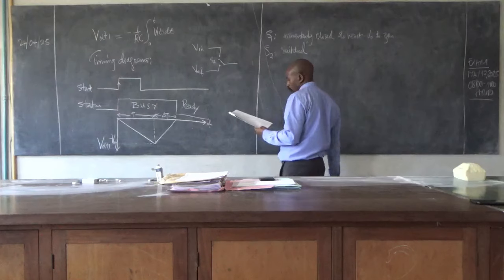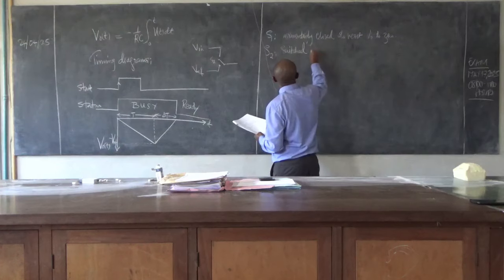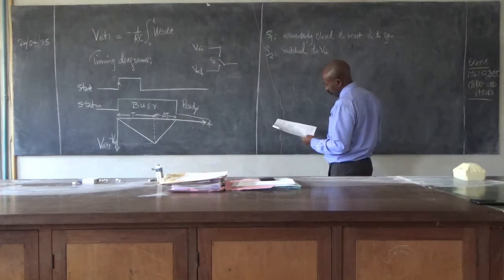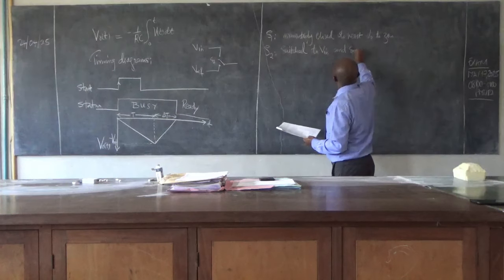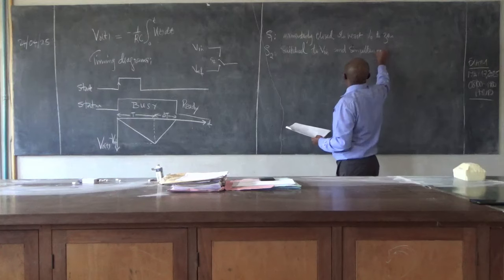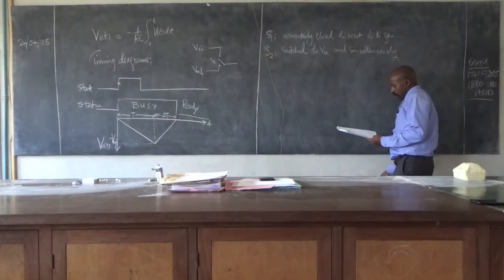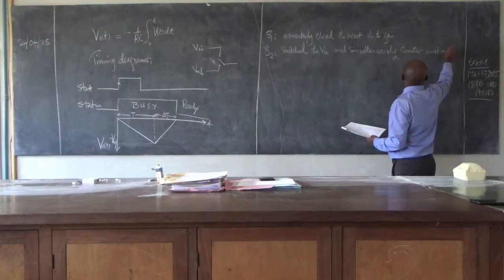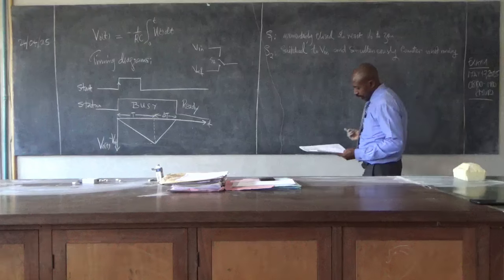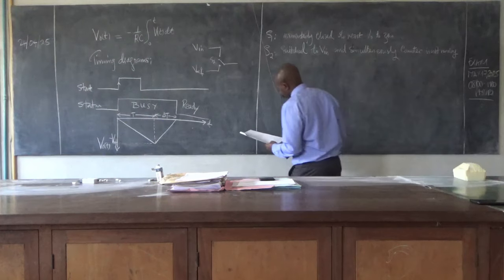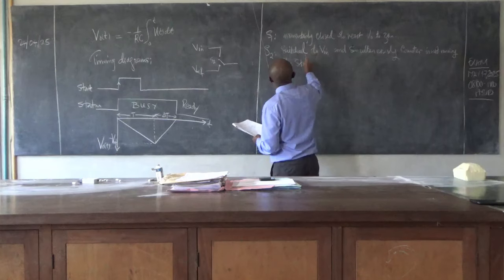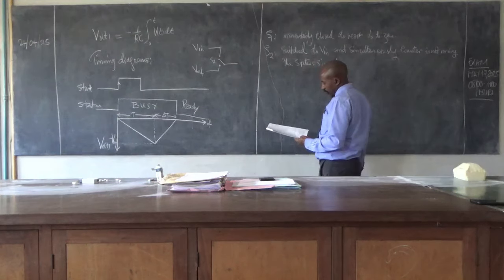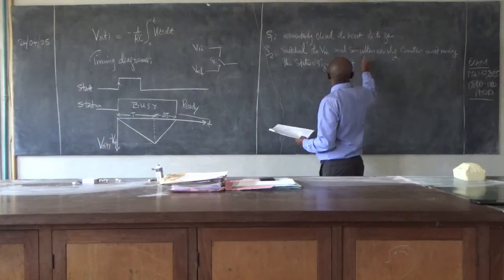So if S2 is switched to Vin, and simultaneously the counter is not running, like you got no pulse there, the status signal is set to busy.